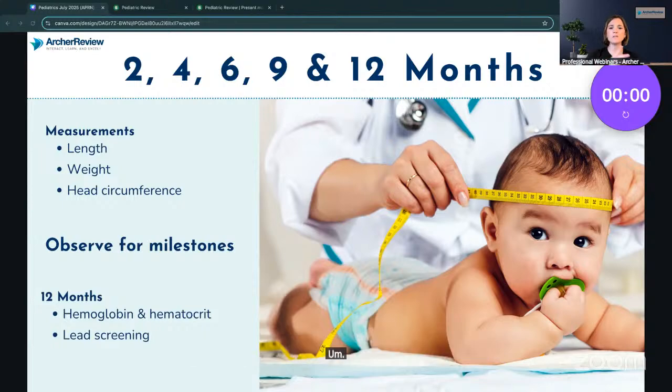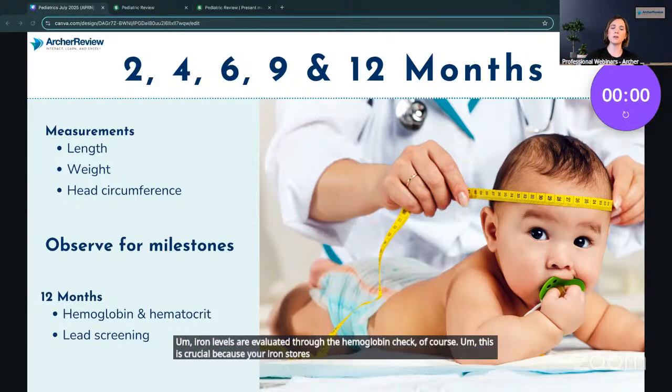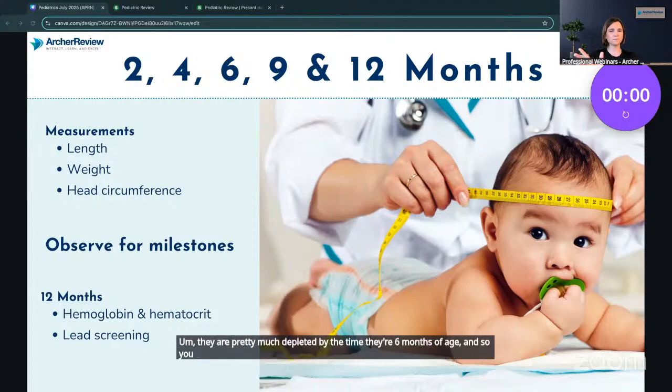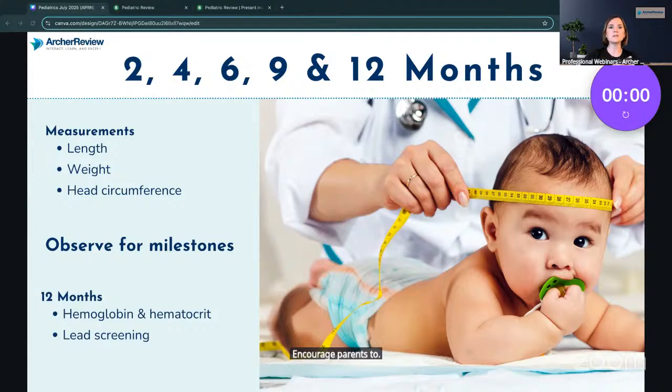Iron levels are evaluated through the hemoglobin check, of course. This is crucial because the iron stores that you gather during the third trimester in utero are pretty much depleted by the time the baby is 6 months of age. So you really have to encourage parents to offer iron-rich foods when they start at 6 months.